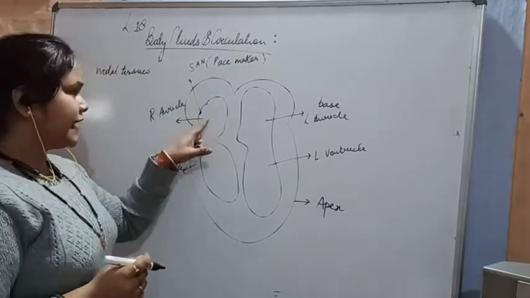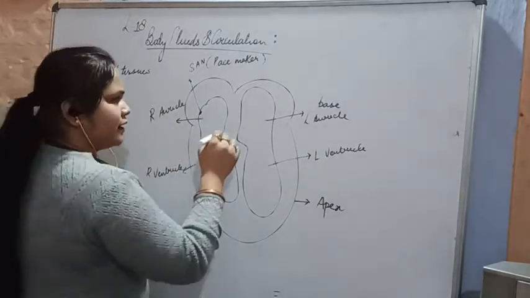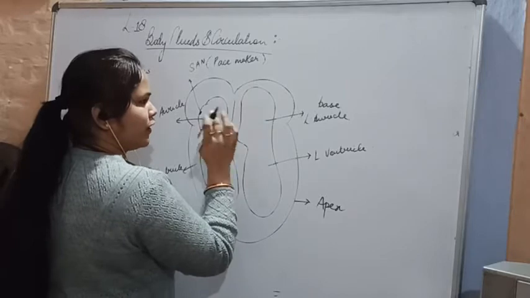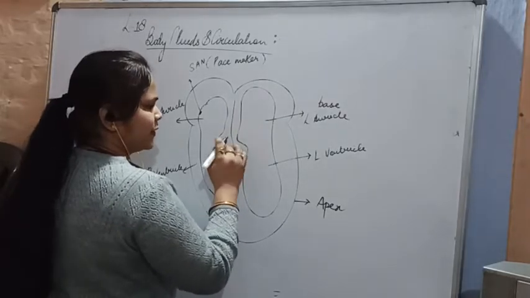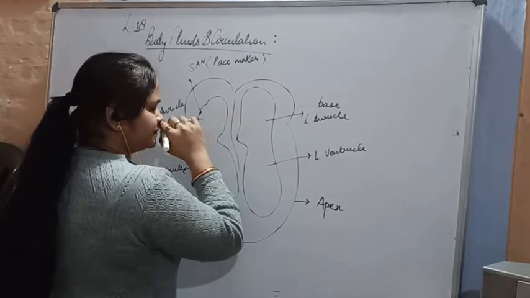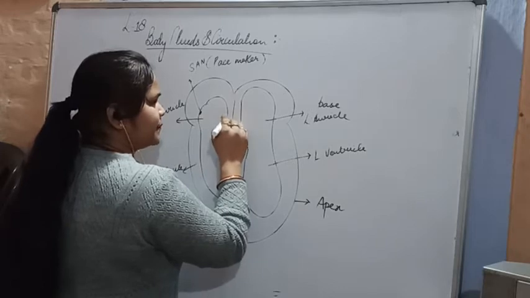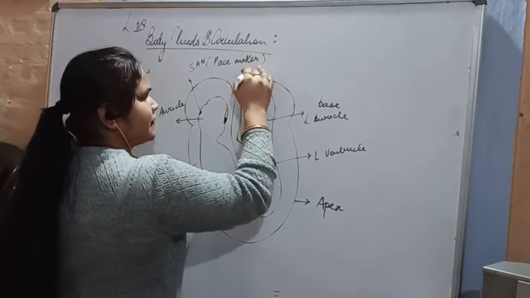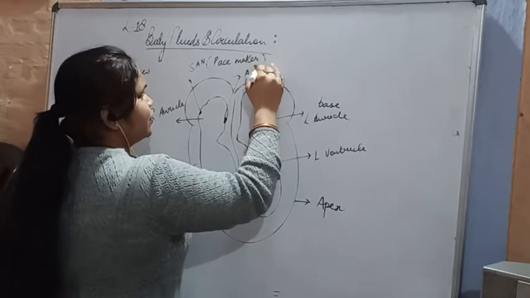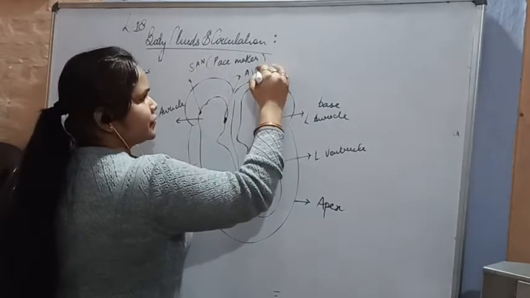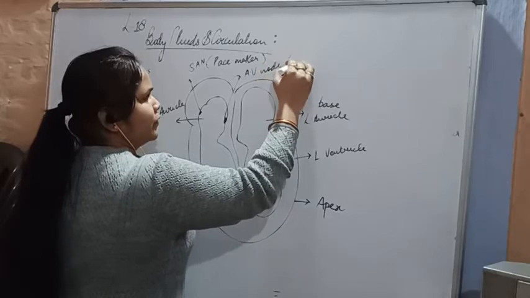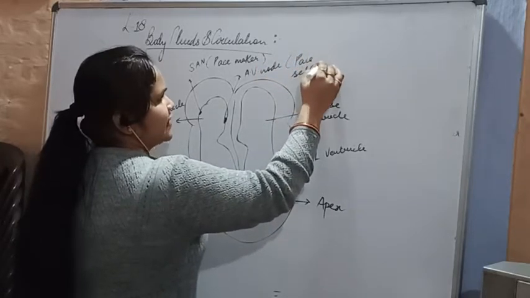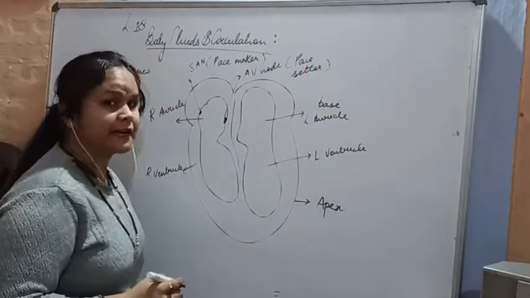And on the left side of the right auricle, in the interauricular septum, we have the AV node, like the sino-auricular node. It is called the pacesetter. It is going to set the pace of the electrical conductivity.